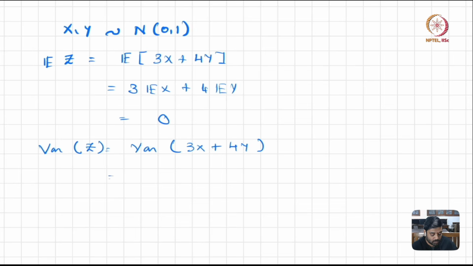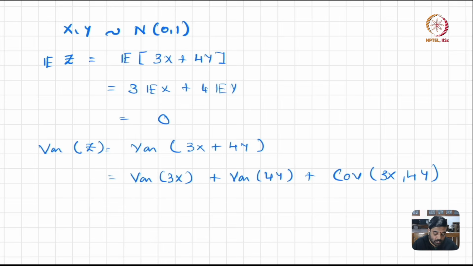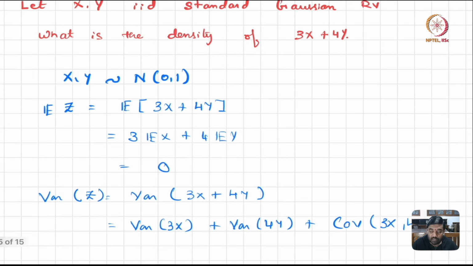This is variance of 3x plus variance of 4y plus covariance of 3x comma 4y. Since x and y are independent, the covariance term will go to 0.